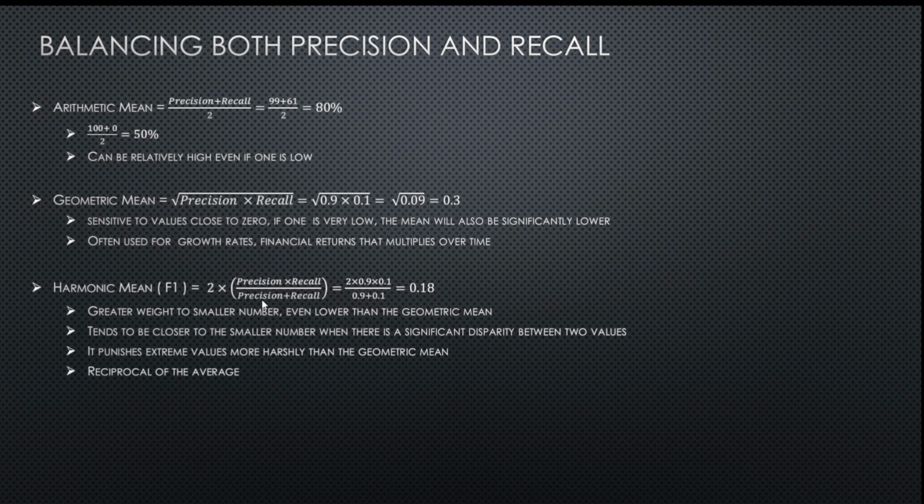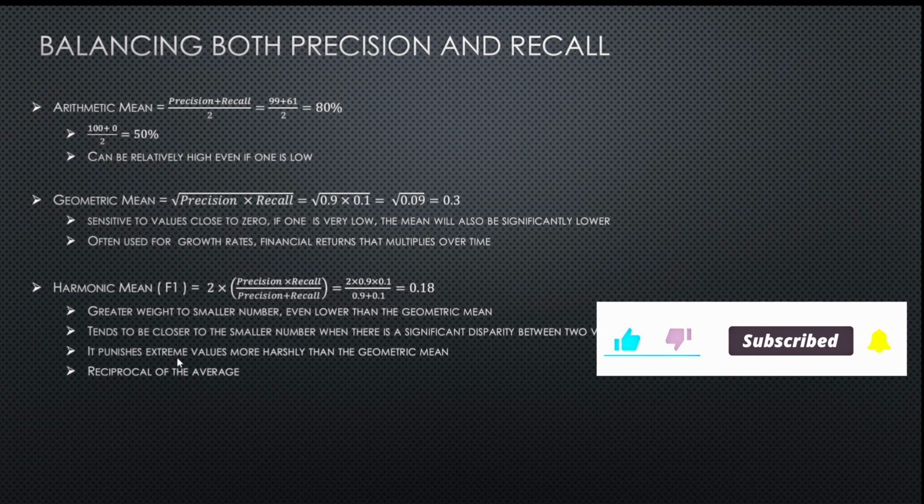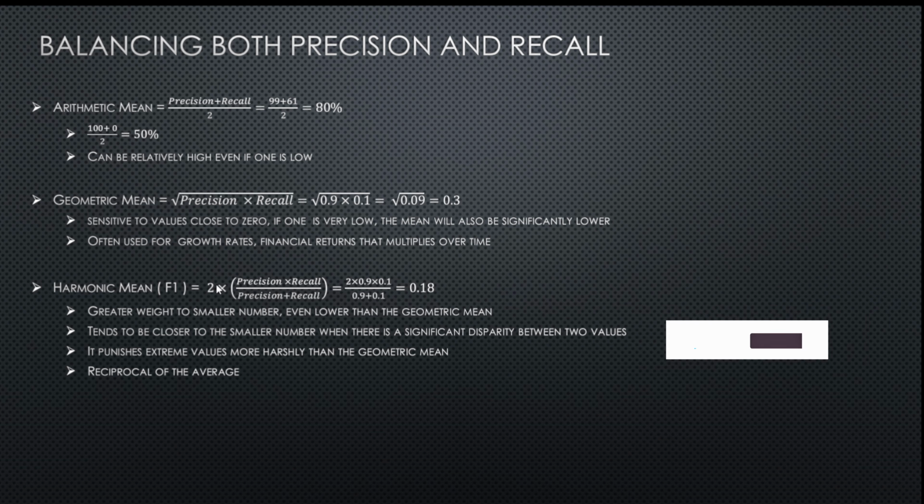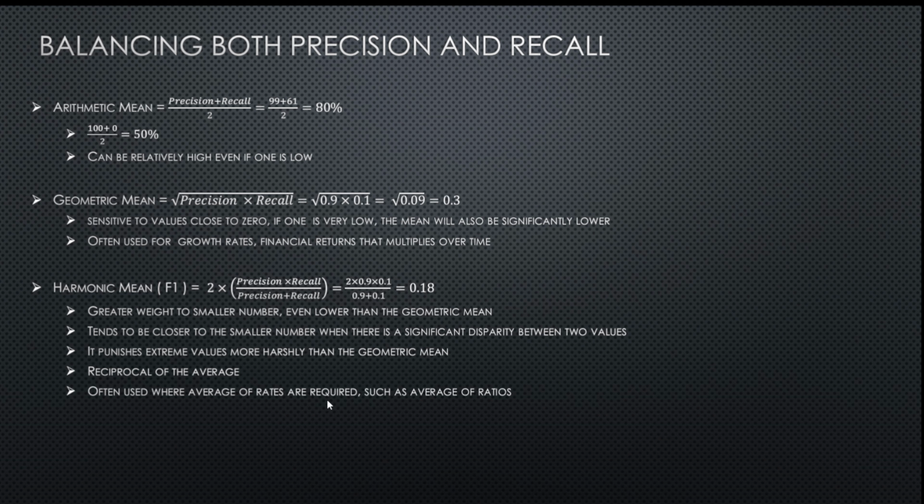And you also see the calculation over here is basically a reciprocal of the average. Here it is precision plus recall by 2 is the average. Here in this particular case it is exactly the reciprocal, 2 by precision plus recall. It is often used for the average of ratios or average of rates.